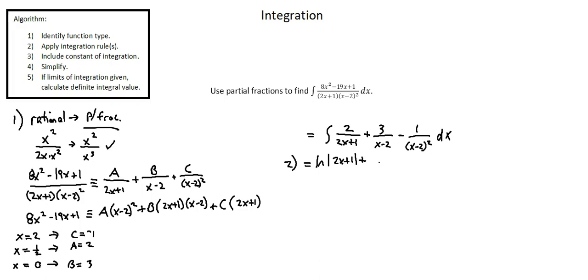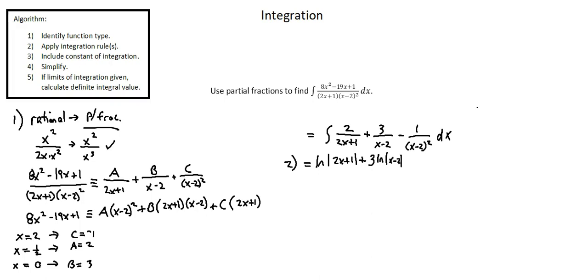The denominator is x minus 2. The derivative of x minus 2 is 1. We have a 3 in the numerator, but we can take that out as a multiple: 3 times, and what would be left is 1 over x minus 2. X minus 2's derivative is 1, so this integral is 3 times the natural log of the absolute value of x minus 2.